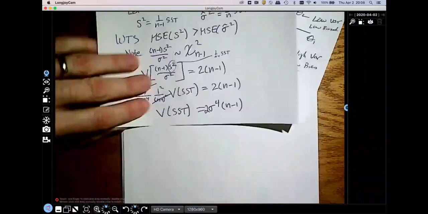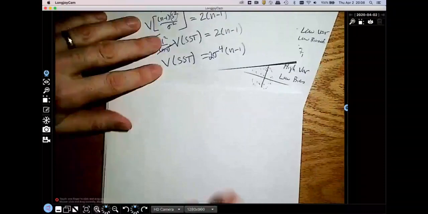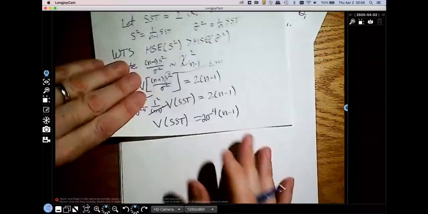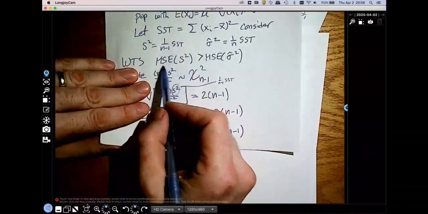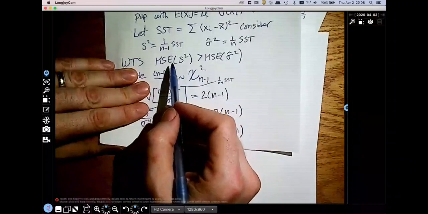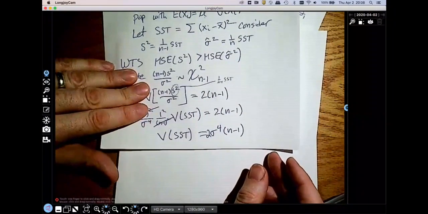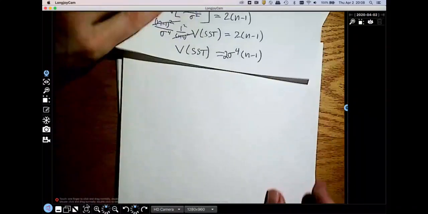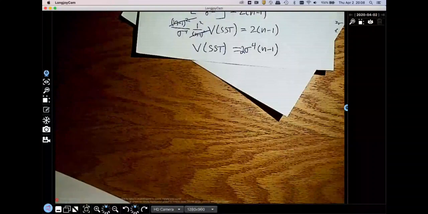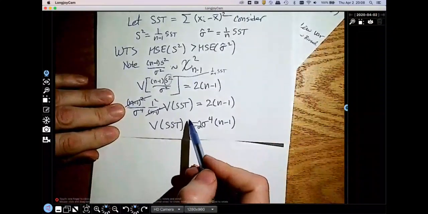All right, so what I've claimed is that the mean squared error of s squared is greater than the mean squared error of sigma hat squared. So let's go find these mean squared errors. By the way, this is where I need normality.